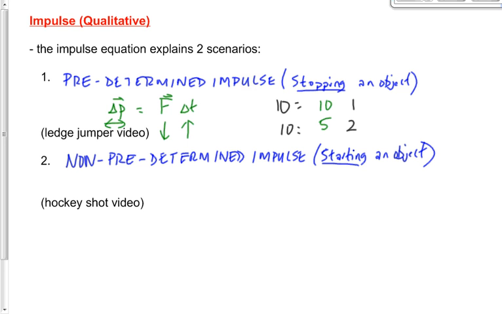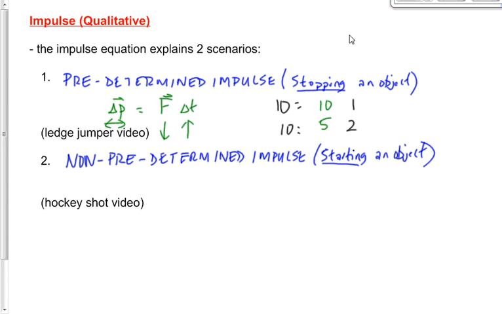If the impulse is predetermined and you increase the stopping time, the force must go down. And that is either the basic principle or one of the two basic principles behind every impact cushioning device, period. Everything that cushions an impact increases the stopping time to decrease the force.